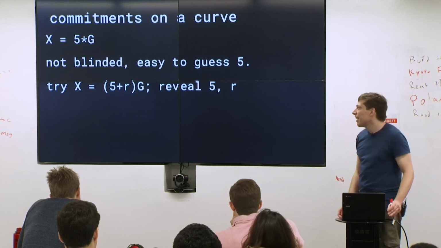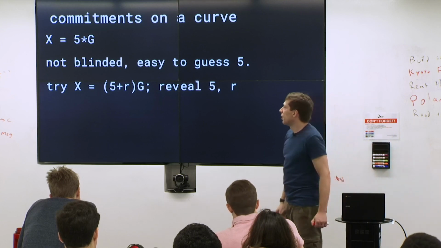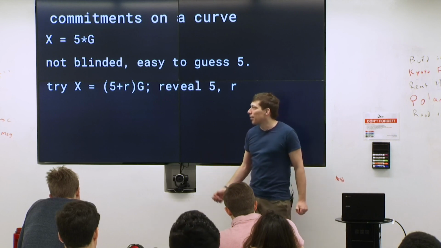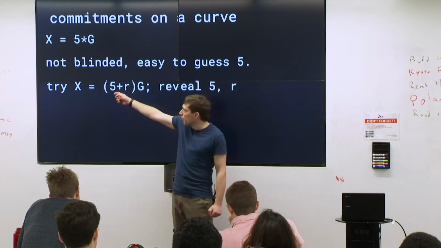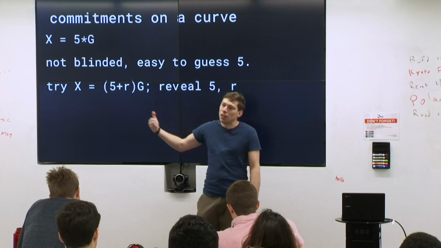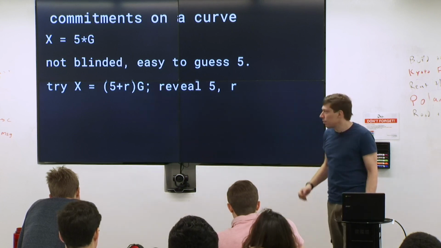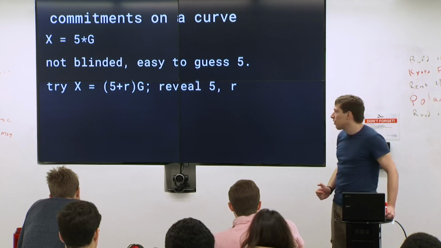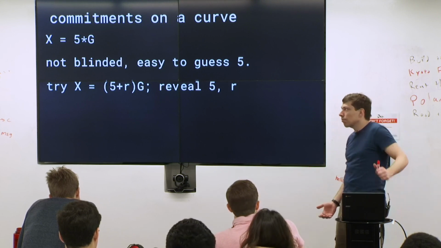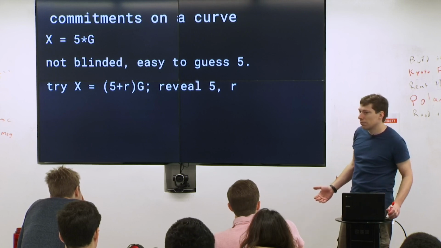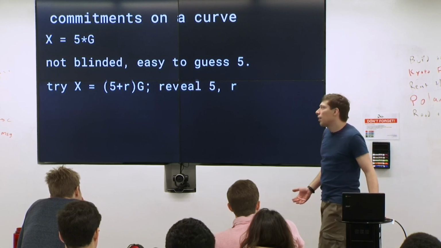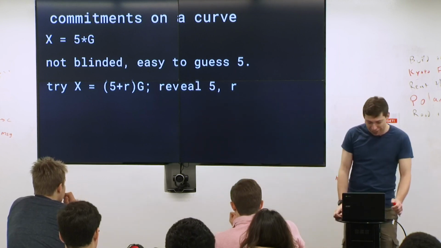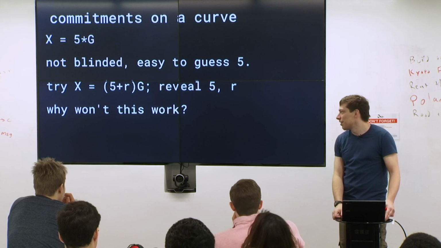So why don't we say, okay, add a blinding factor. What would the problem be here? I'm saying, okay, I want to commit to 5. I'm going to add some random number r, and then multiply that sum by G, and then when I want to reveal that I was committed to 5, I reveal 5 and r. You don't know which one. No, but I can say, look, the problem is addition is easy to break, right?